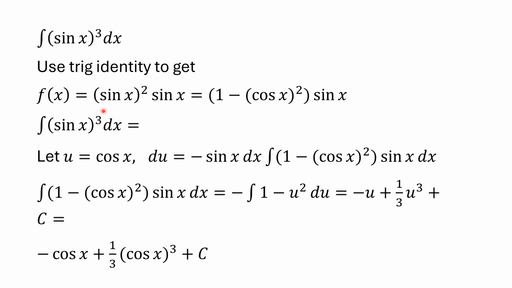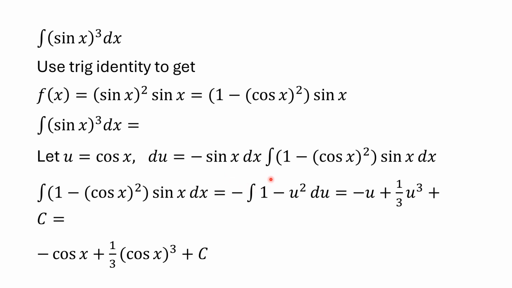Of course, I just solved that for sine square here. So I have the integral of 1 minus cosine square times sine x. So I'm going to let u be cosine x. Du is negative sine x.